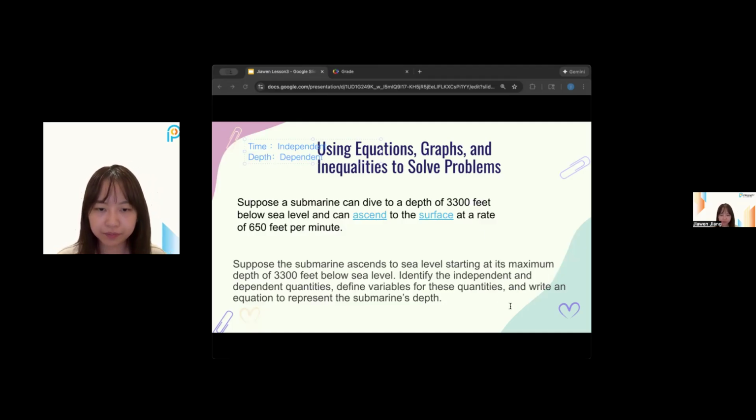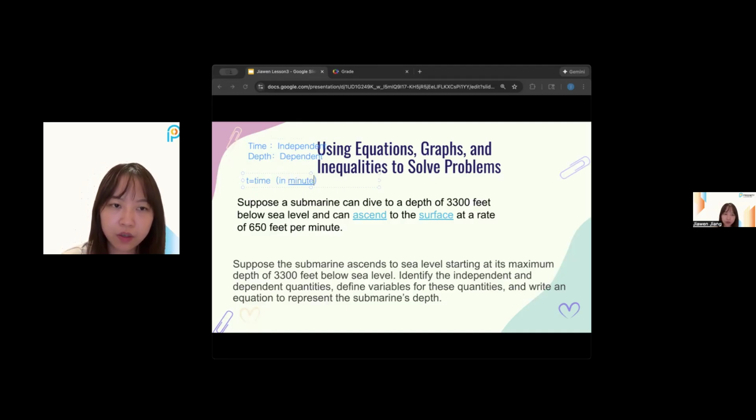Let t equal time, in minutes. We should have the units. And let d be the depth, using the initial letter, in feet. Later, anytime we say t, we are talking about minutes, and if we say d, we are talking about how deep the submarine is.